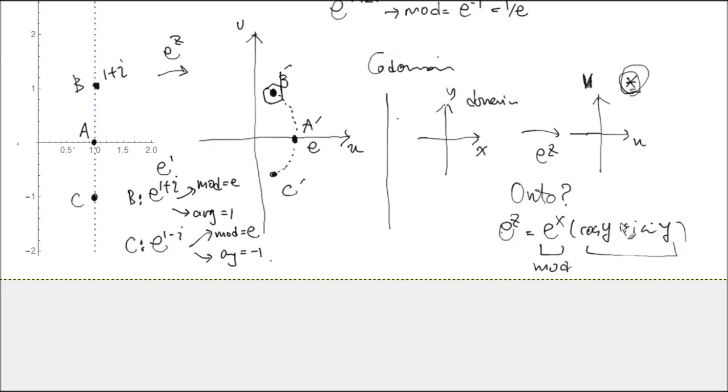Therefore, which complex number is missing under this map? The complex number with modulus 0, which is that one right there. This map is going to hit everything many, many times, infinitely many times, except that 0. Okay? It's not onto.